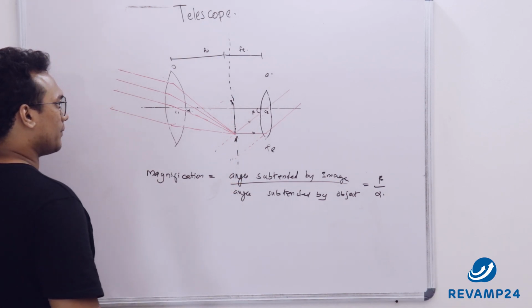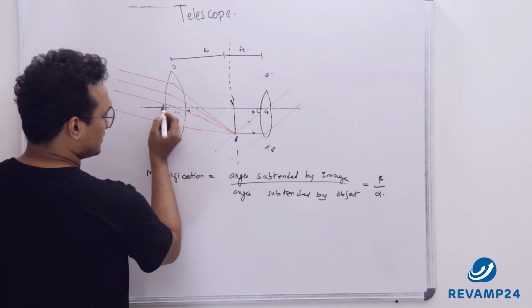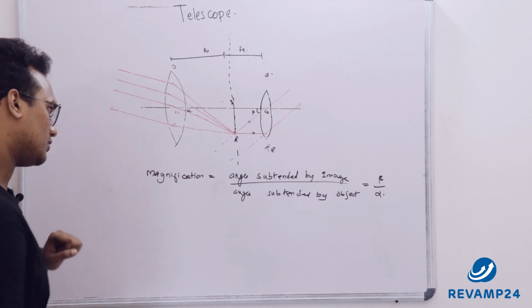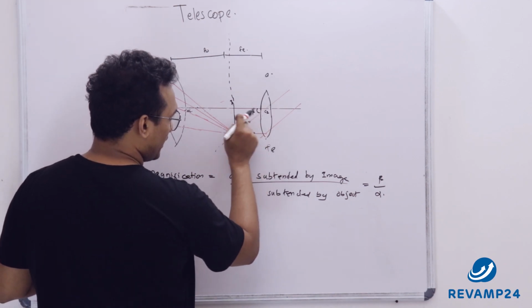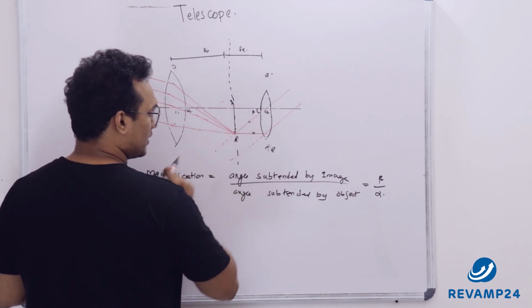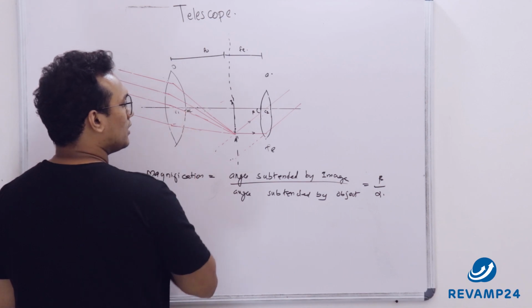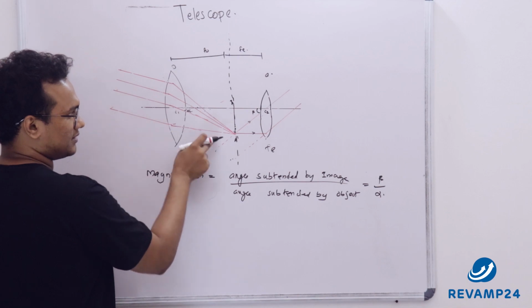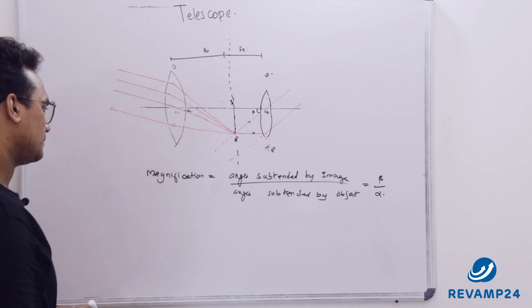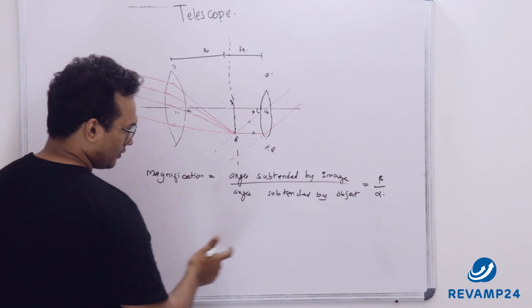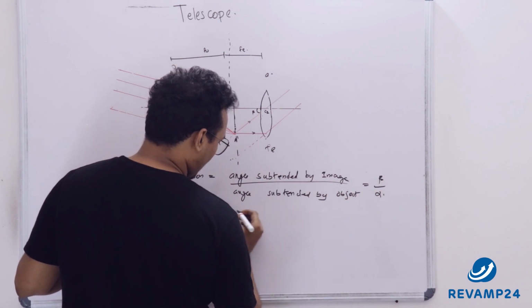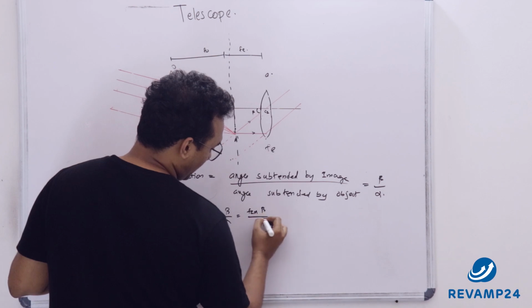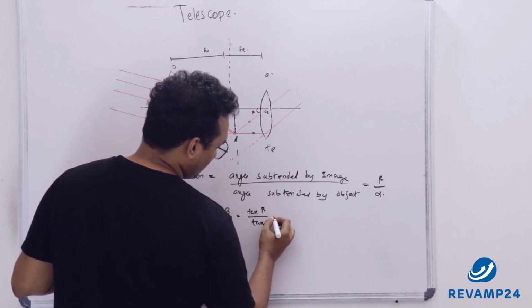And the angle subtended by the object is alpha because these are the rays coming from the object. Now beta by alpha, for small angles, can be written as tan beta divided by tan alpha.